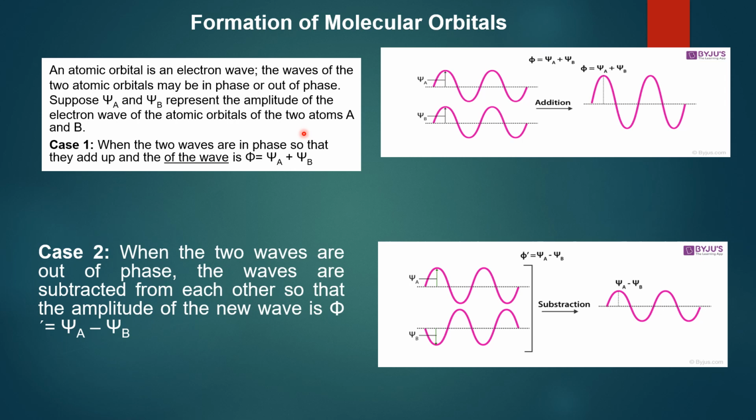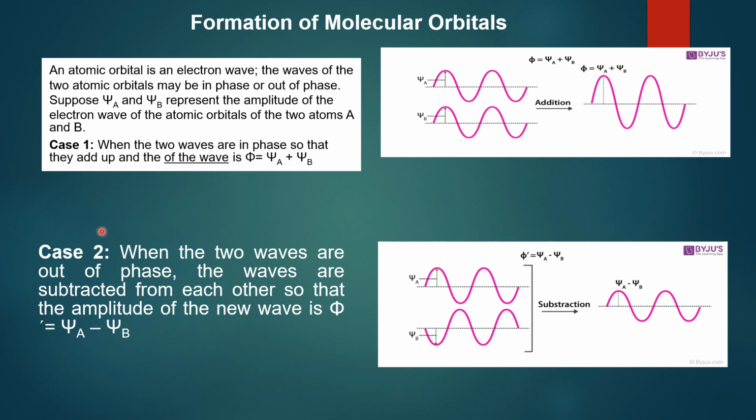When psi A and psi B, representing the amplitudes of the electron waves of the atomic orbitals of the two atoms A and B, are added together, they form bonding molecular orbitals. It can be represented by the equation phi equals psi A plus psi B.